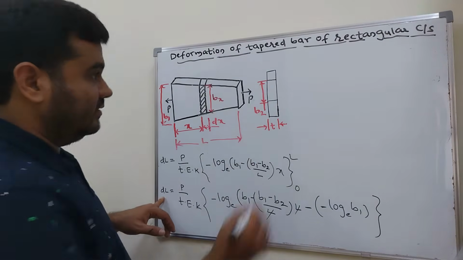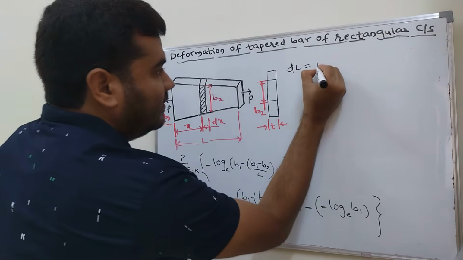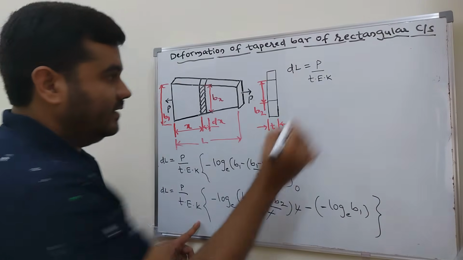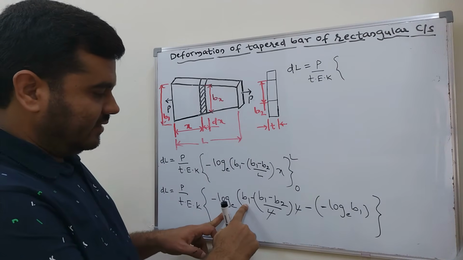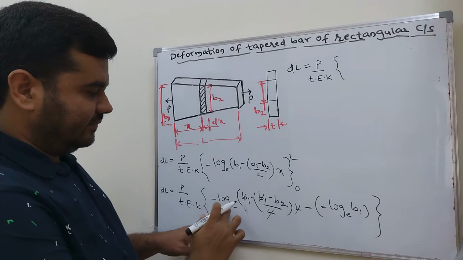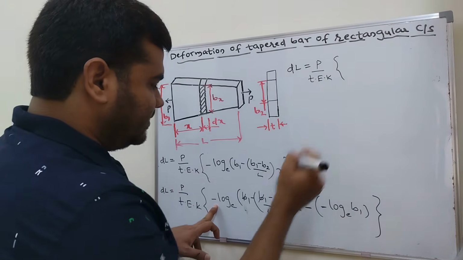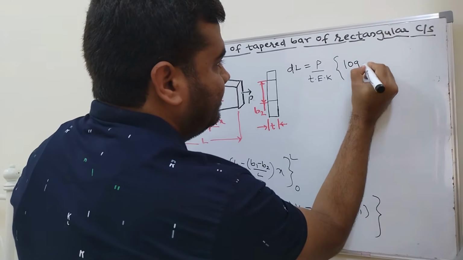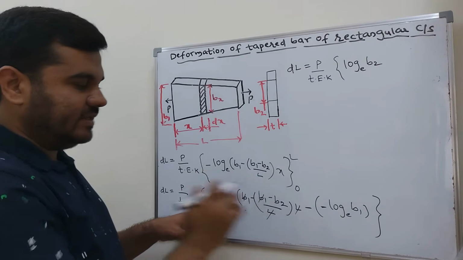What will be the remaining term? dL equal to P divided by t into E into k, now minus log to the base e, this b1 minus b1 cancels, right? And this becomes minus into minus plus, log to the base e of b2.